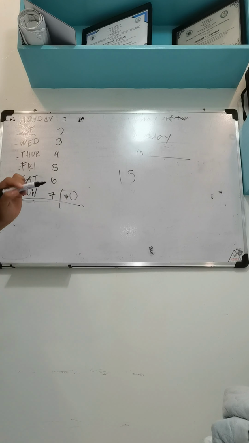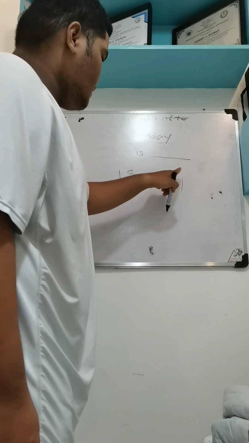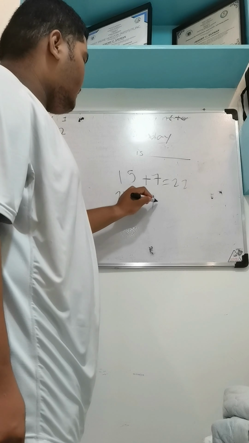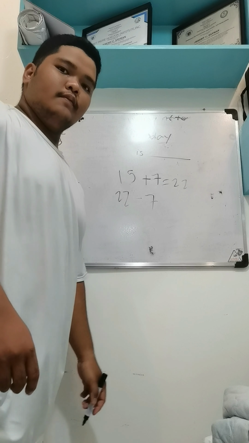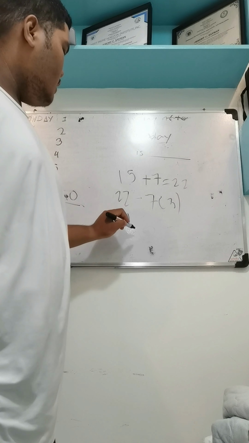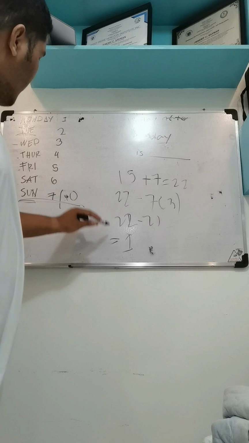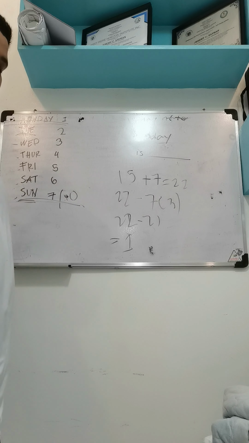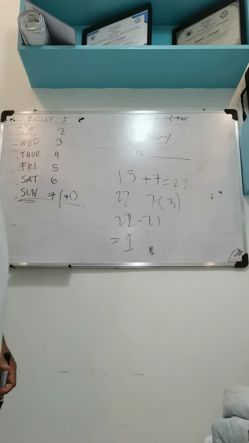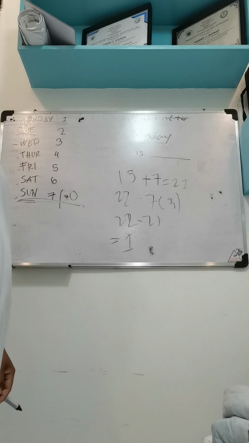Sunday is 7, plus 7 will give us 22. 22 minus 7, how many 7s does 22 have? Still 3. So 22 minus 21 equals 1. So that gives us the answer of Monday. Okay, so that's how we get the days of the week, or the days of the calendar, whether it is Monday, Tuesday, Wednesday, Thursday, Friday, or Saturday.